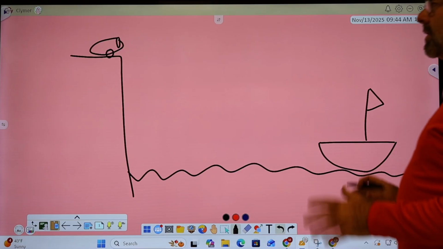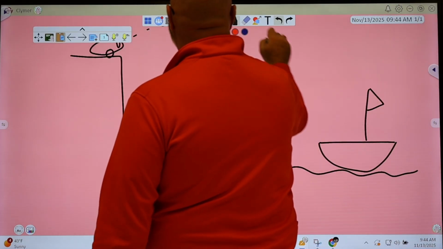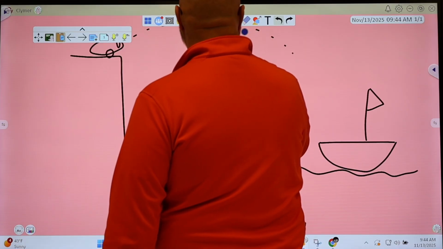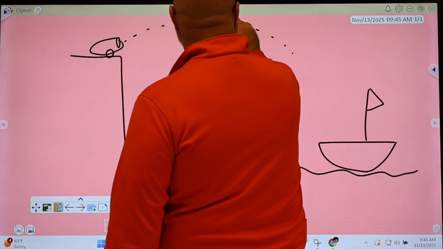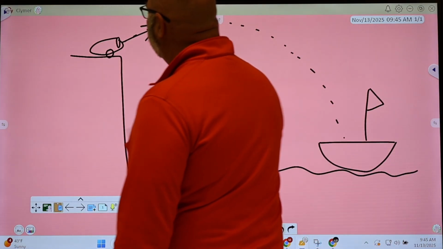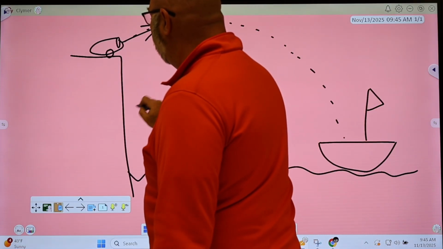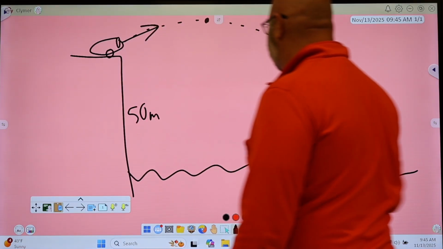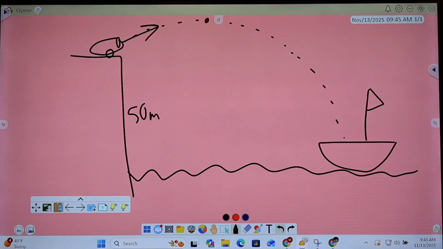But now you could have a situation where you have an initial velocity here, and this is a height number, and the cliff is 50 meters tall, and the boat is... this can get messy and complicated.